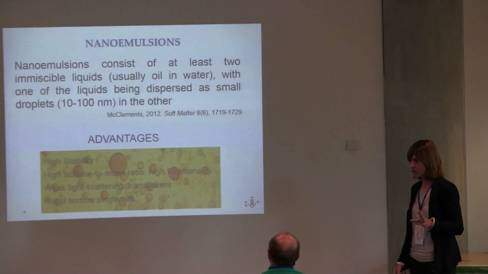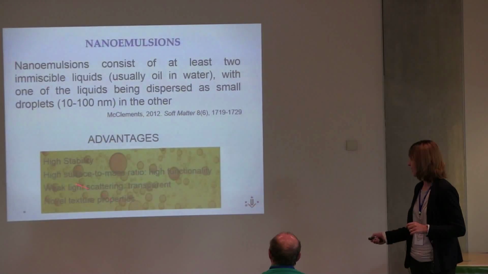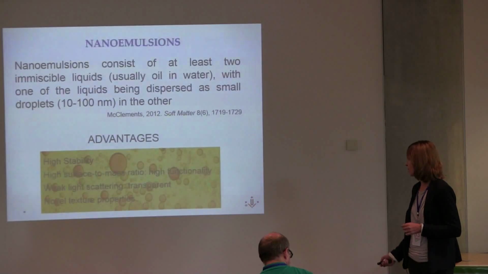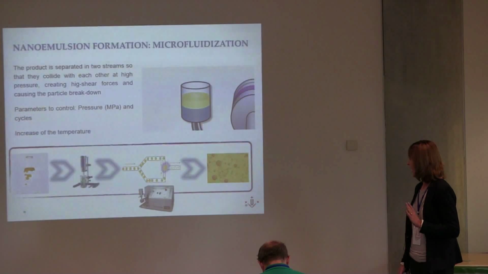Nanoemulsions can be more transparent, so this is good for food applications. And also they have some novel texture properties depending on the formulations.